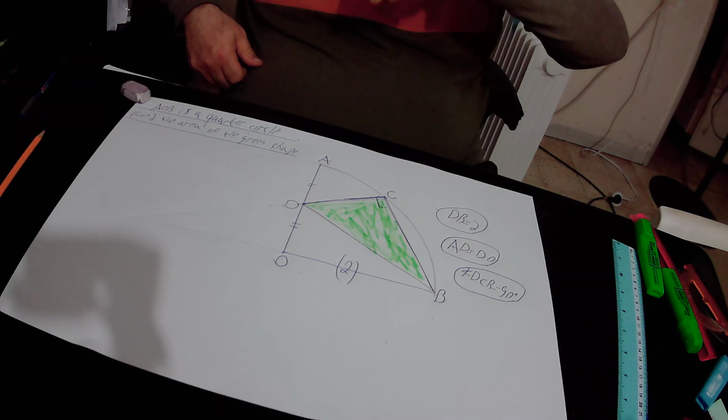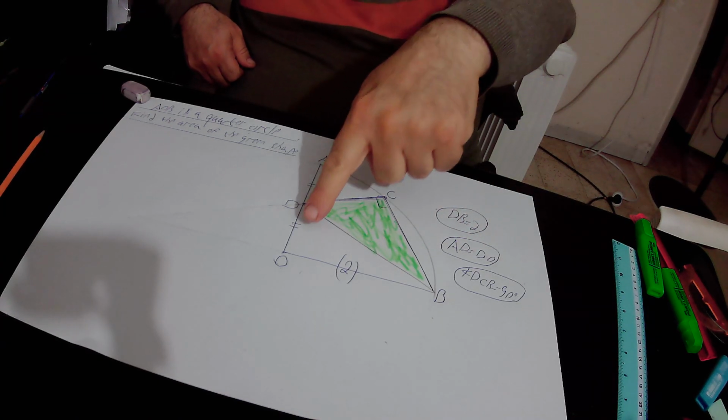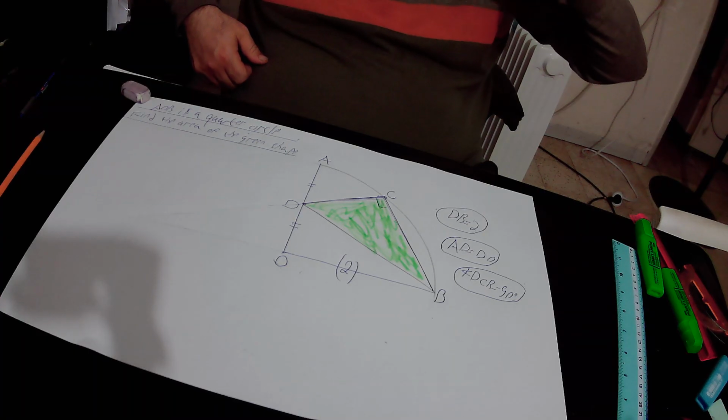So, first of all, we know that AOB is a quarter circle. Therefore, this angle AOB must be equal to 90 degrees in size.